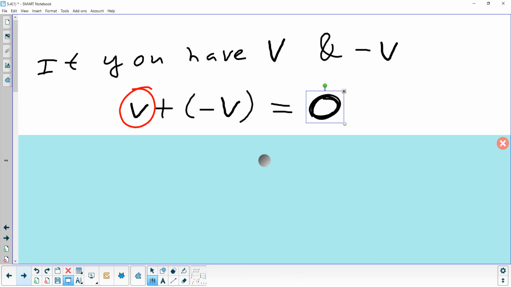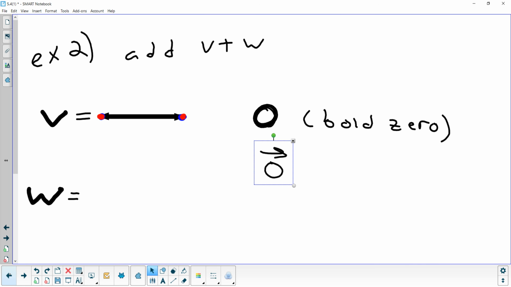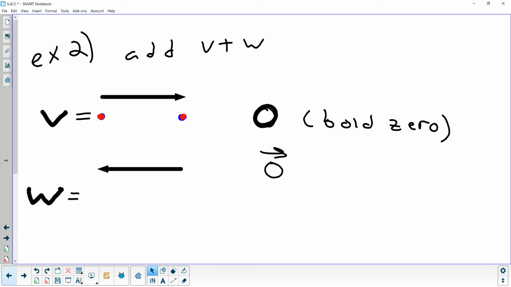Like if you have this versus that, what's the difference between these 2 vectors? Yeah. Direction. Just the direction. There is no difference other than that.